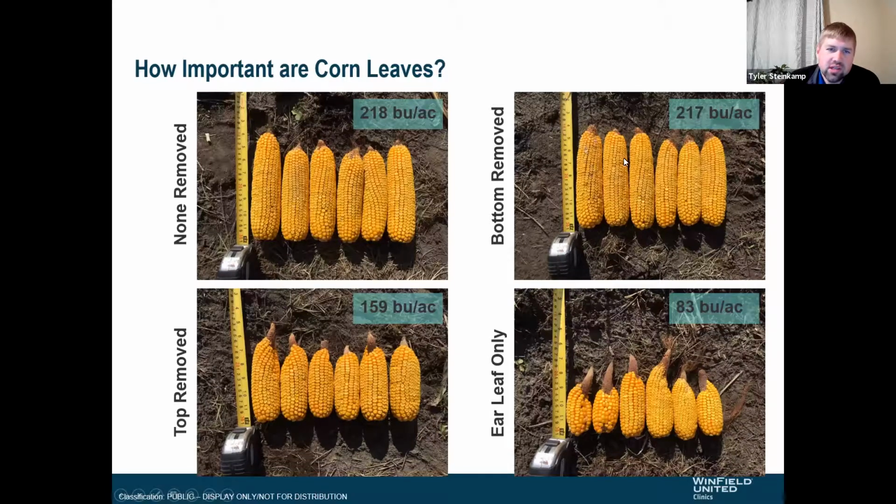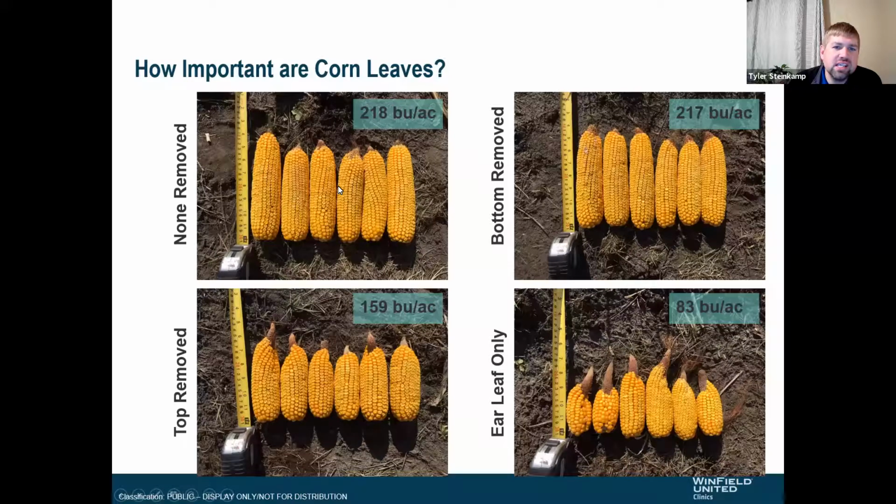So realistically, there was no difference. This is where I often tell people, if they get some hail on the plant early, if it doesn't reduce rows around, you're not going to see much of a yield hit from having damage at that point.